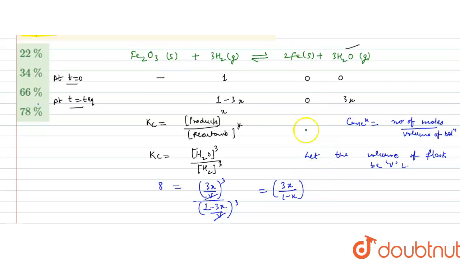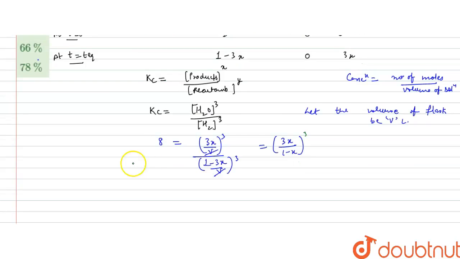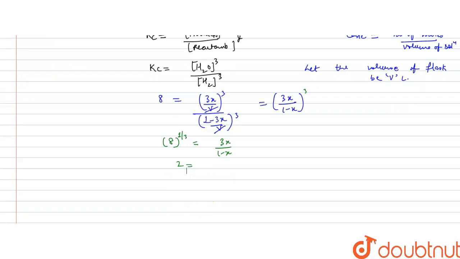Now if this is the cube on the left hand side, so this will become the cube root on the right hand side. So it will be 8 to the power 1 by 3 equals 3x divided by 1 minus 3x. So 8 to the power 1 by 3 is 2.